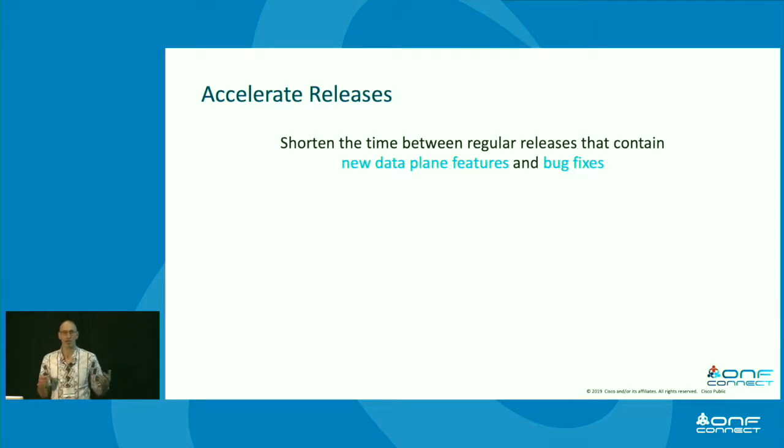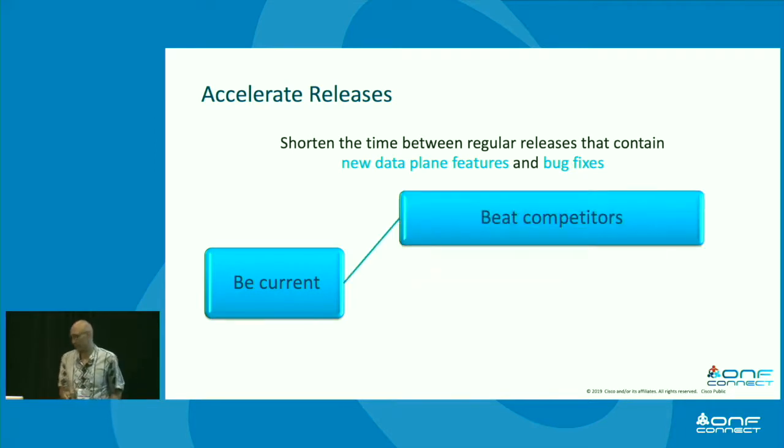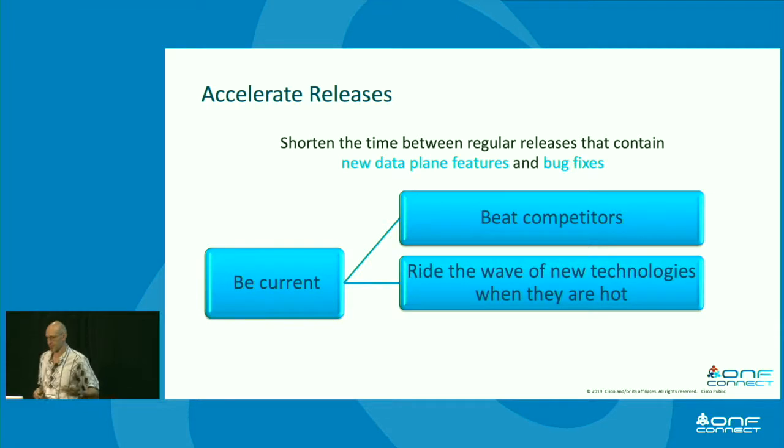They can shorten the time between their regular releases, the time with which they bring new data plane features and bug fixes to their customers. So this gives them a chance to be current and to beat competitors, possibly coming out with features faster than competitors, and ride the wave of new technologies.